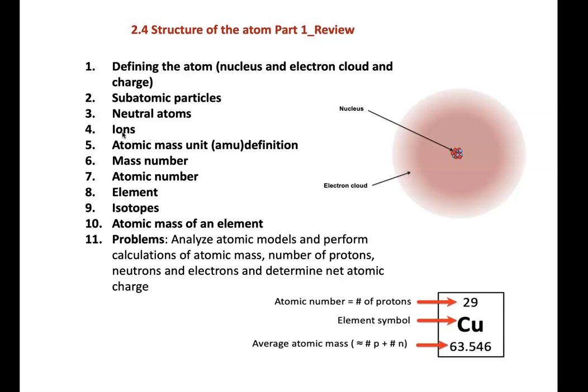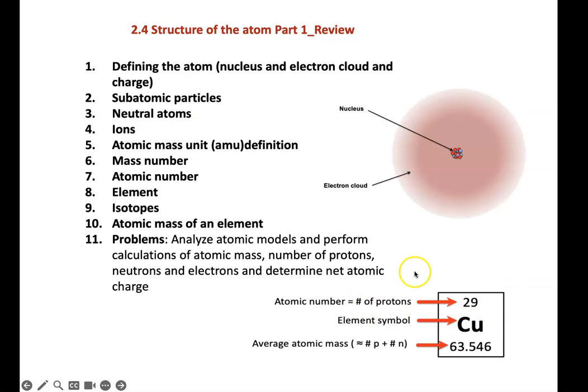Isotopes belong to the same element. Isotopes are atoms with the same number of protons, but different numbers of neutrons, resulting in different atomic masses. The atomic mass of an element is the weighted average of all the isotopes of that element, and we discussed how to solve problems.